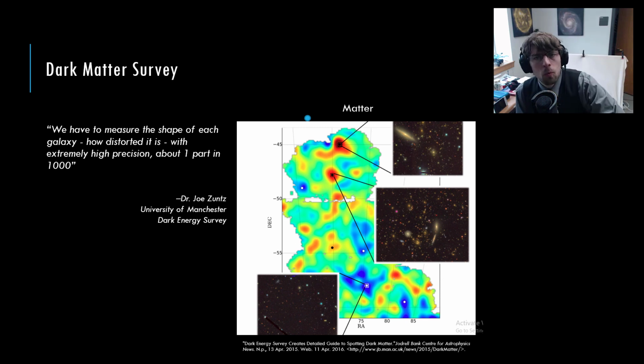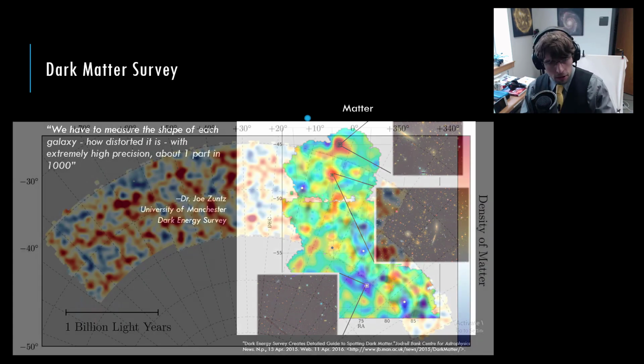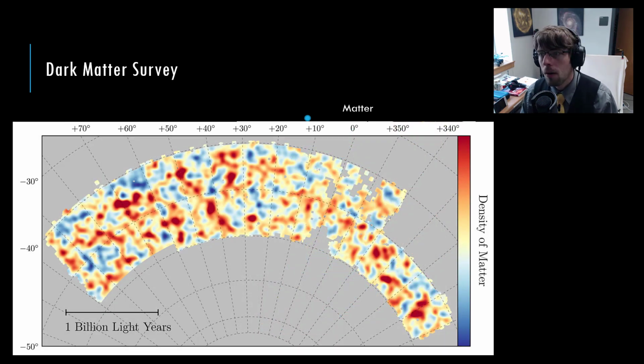Incidentally, there's a slightly larger survey, and I'm sorry, I must have gotten rid of that slide. Let me put it up for you. There you go. And I would say, what does this thing look like to you? Now, ignore the color schemes, that kind of thing, but what does this distribution of dark matter seem to resemble to you?